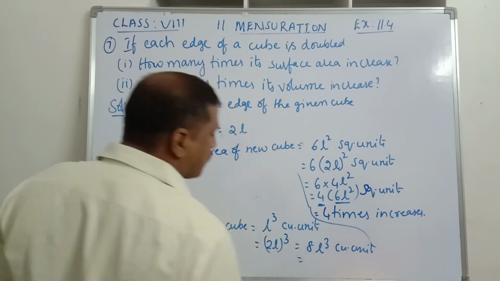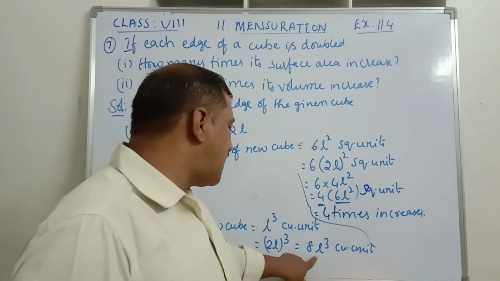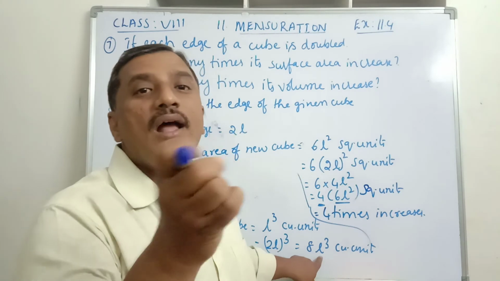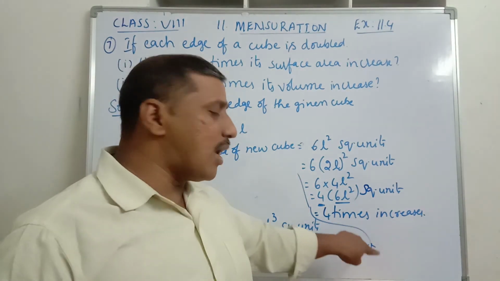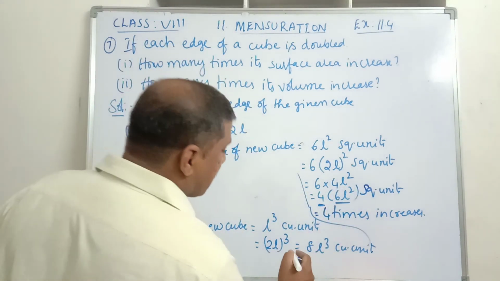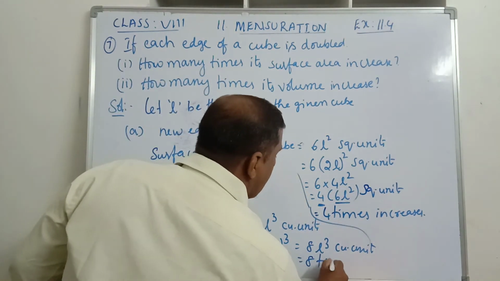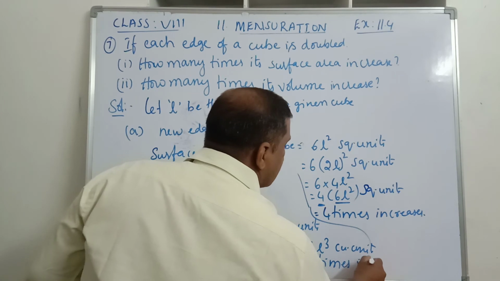What is L cube? L cube is the volume of the original cube. So 8 into L cube means it increases 8 times.